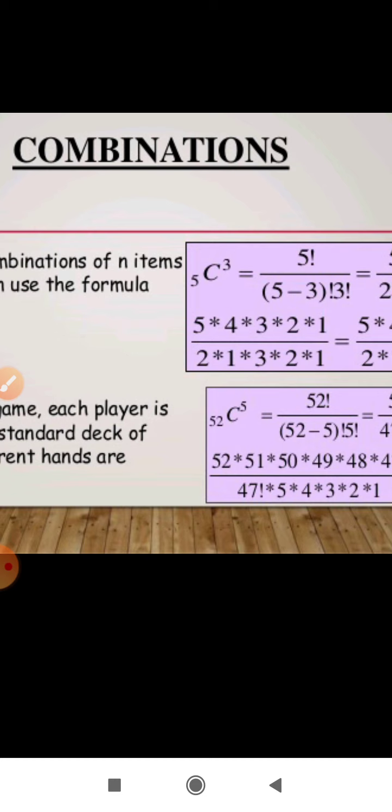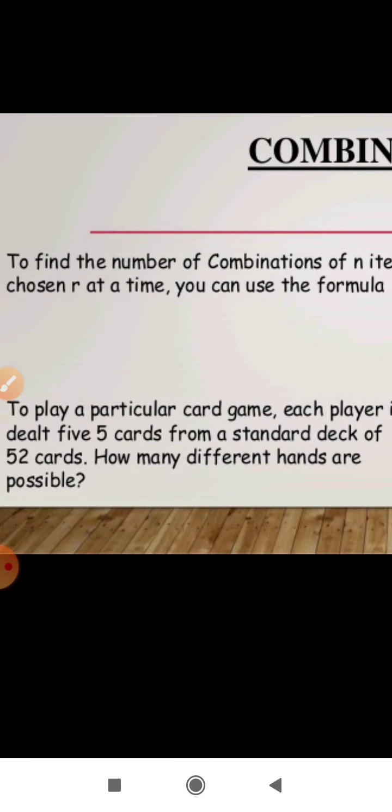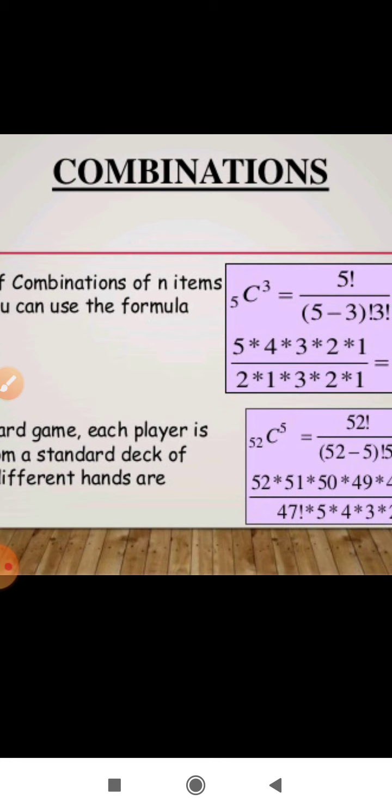The problem in this regard is to play a particular card game. Each player is dealt 5 cards from a standard pack of 52 cards. How many different hands are possible?